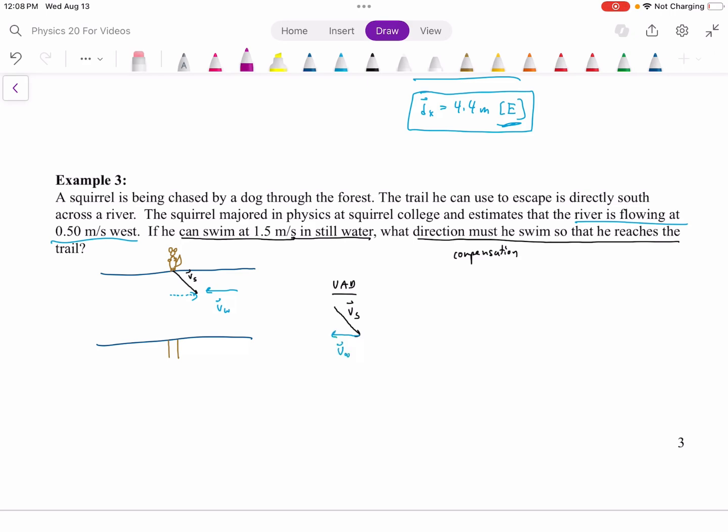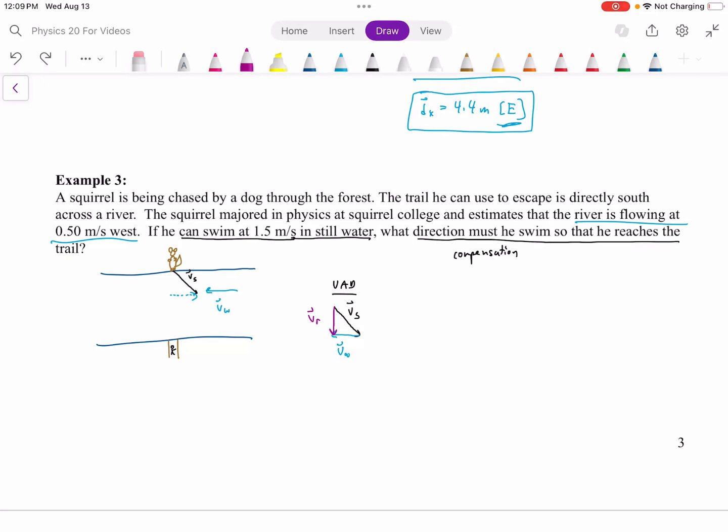We're trying to get it so that overall what the squirrel really does, its actual velocity, the resultant velocity, is straight across the river, right? So that if we were standing here on the trail, what we would see is the squirrel move at some velocity straight across. They are aiming at an angle into the stream, right? But then the stream's velocity cancels out that component.